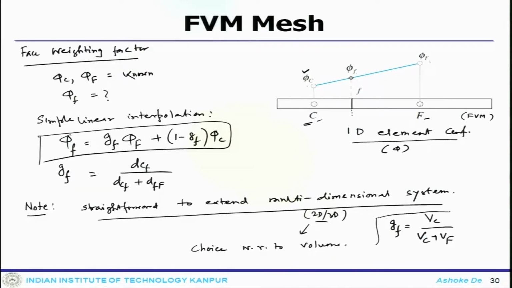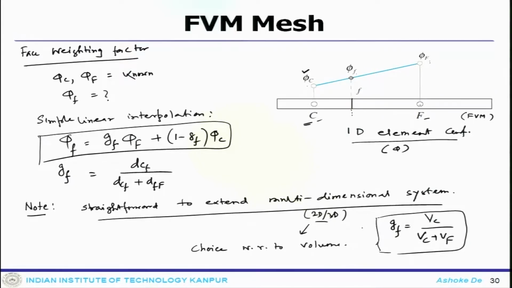So, this is one choice, or one option one can adopt for a multidimensional system like 2D or 3D. But again, having said that, it is very important to note that this is not going to be straightforward, because this may work for certain cases and may not work for certain cases.